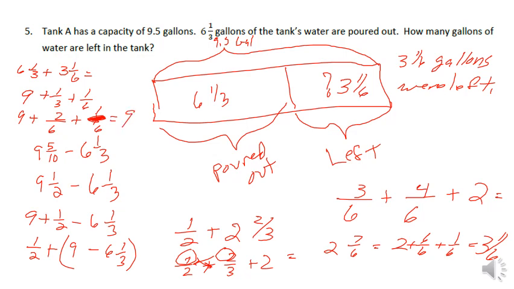So now I'm going to end up with 9 and 3/6. Well, we had 9.5. But 9 and 3/6, if I take 3 times 1 over 3 times 2, take out the common denominators, it simplifies to 9 and 1/2. It checks.